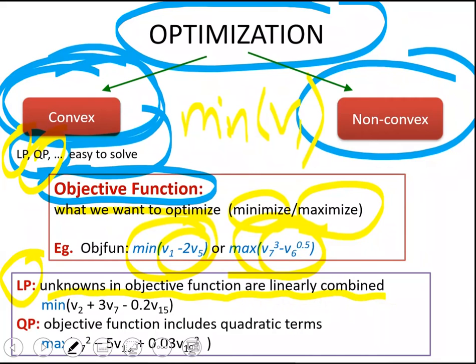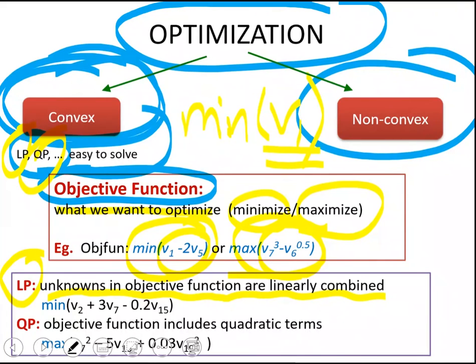So objective function is a function of unknowns. Unknowns in our case are rates. It can be a single unknown or it can be multiple unknowns, as I said.